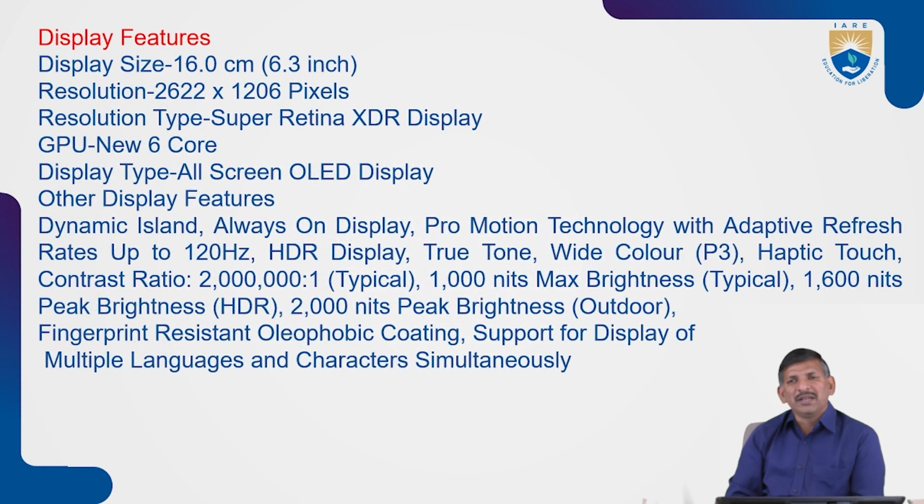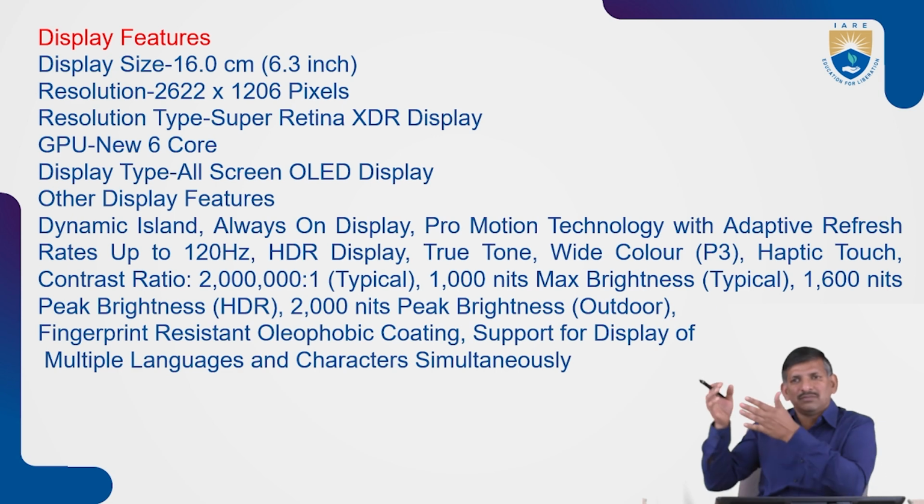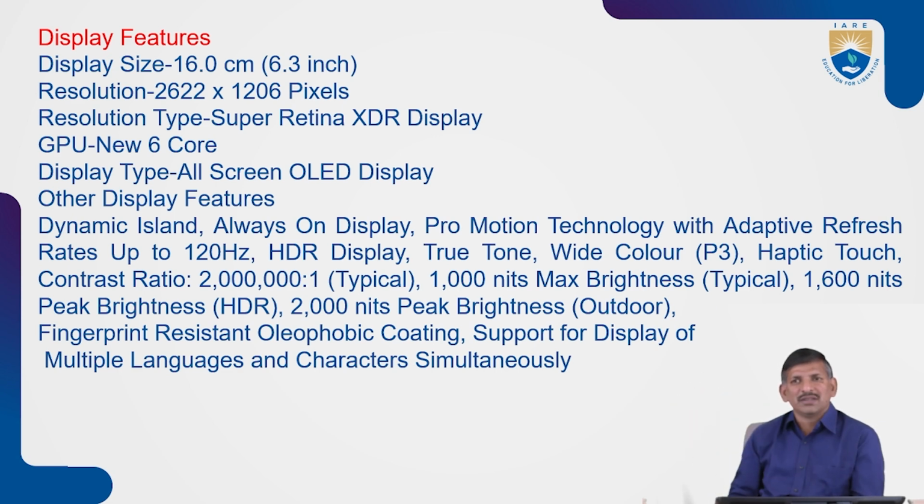Next, coming to the display device. In the initial days we used the cathode ray tube to display the information. Later we went for the liquid crystal display, where the size of the product reduced mostly. Again we went for light emitting diodes, to reduce the power consumption.